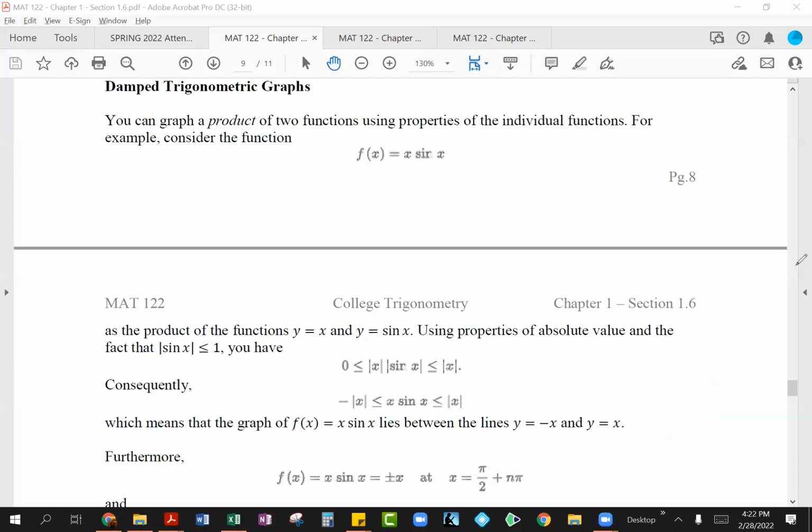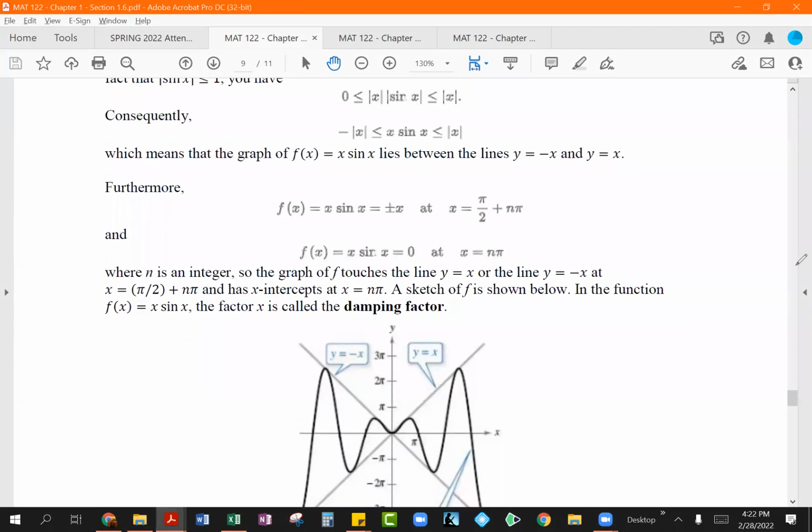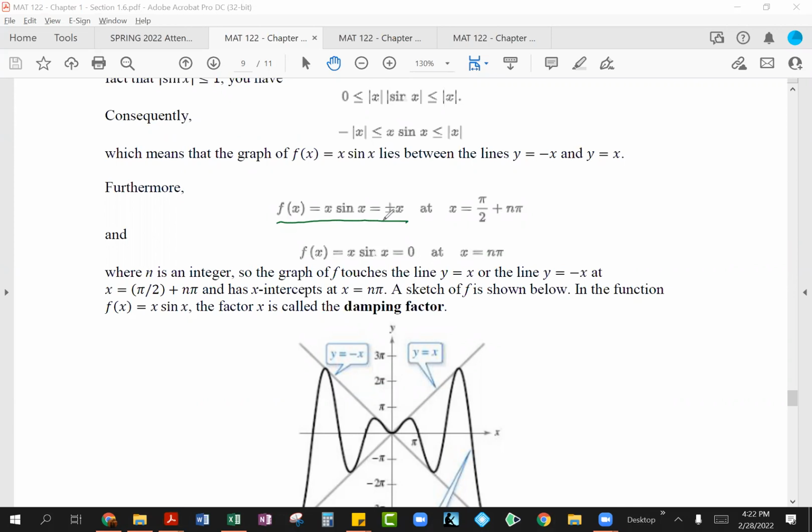And then, because the sine function has its maximum and minimum values, it has its intercepts. Again, if you think about those key points in the sine function, based on that, you will see that your x times sine of x function will be equal to positive or negative x at the value of x which is pi halves, and multiples of pi halves.